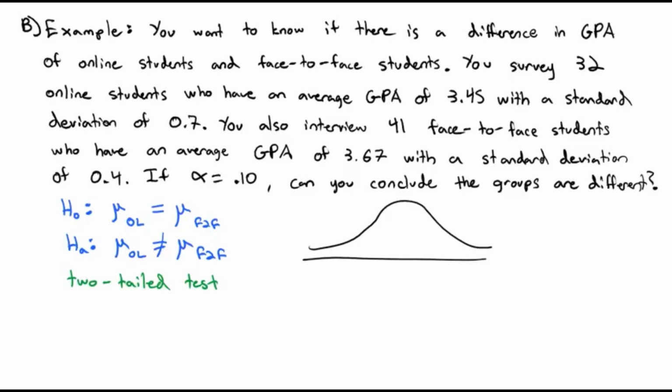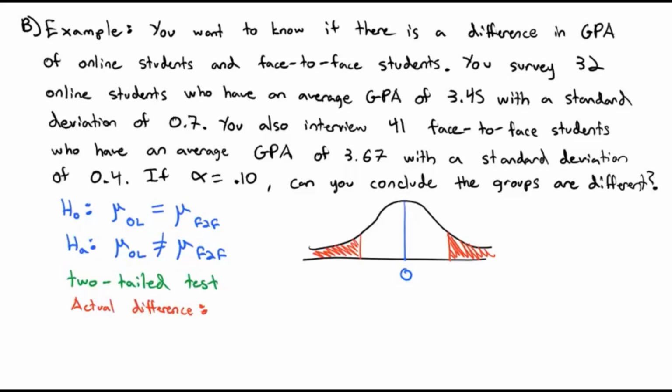In other words, we have our t-distribution with our hypothesized difference. We hypothesize that the difference between the GPAs is 0, and we'll reject on either tail. Whether it's higher or lower, we will reject on either tail. Well, the actual difference, let's add that to our picture.